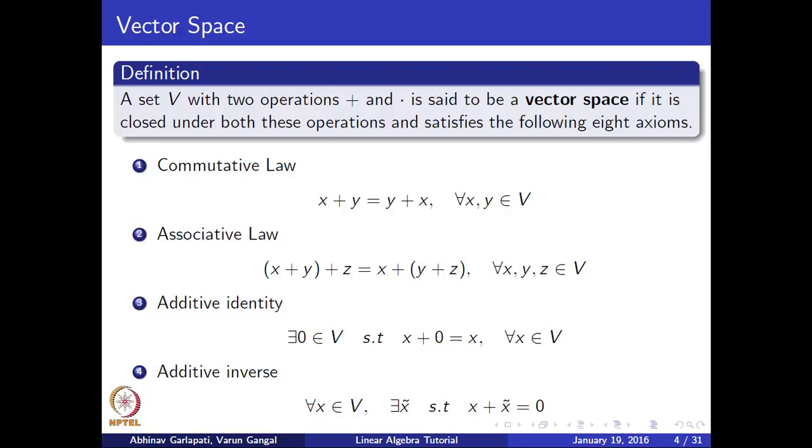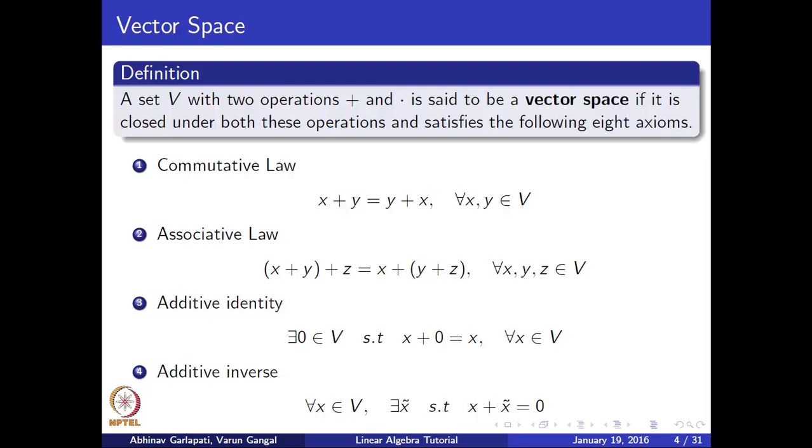By closed we mean that if we take two elements x and y from this set, then x plus y also lies in the set V. In addition, if we take a scalar alpha, a real number, and multiply a vector y from this set with it, then alpha y also belongs to V. If both these properties are satisfied, then the set of vectors is said to be closed with respect to vector addition and scalar multiplication. Now let's have a look at the axioms.